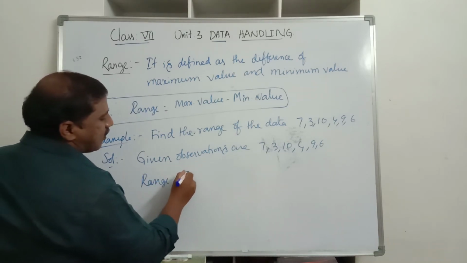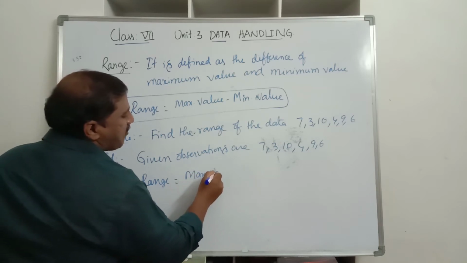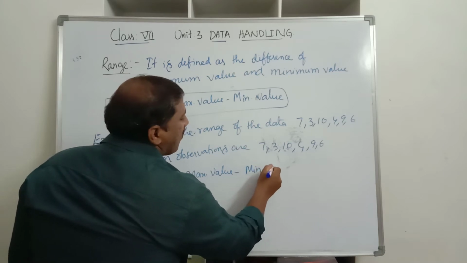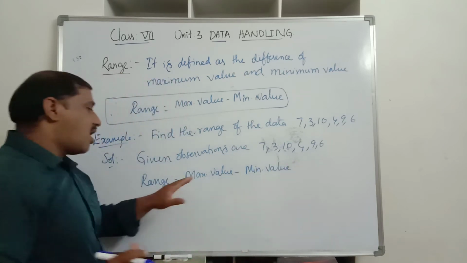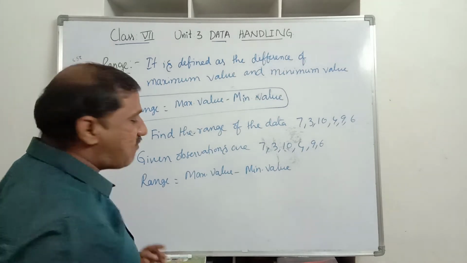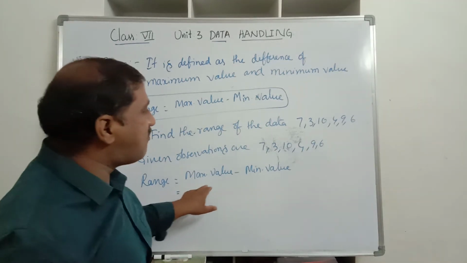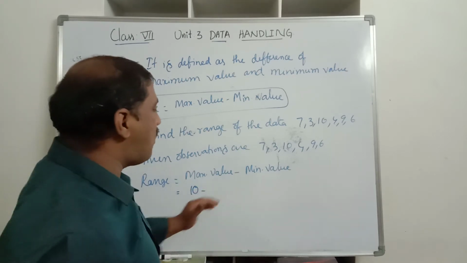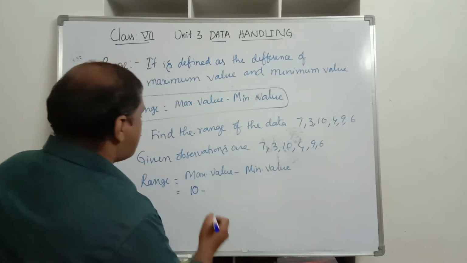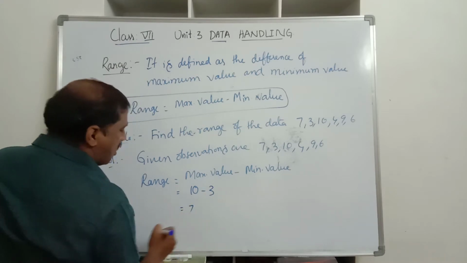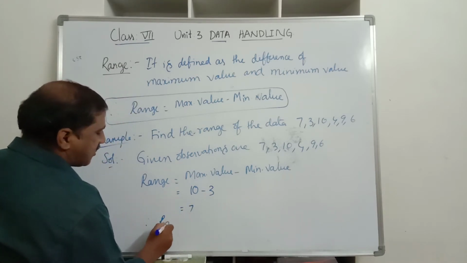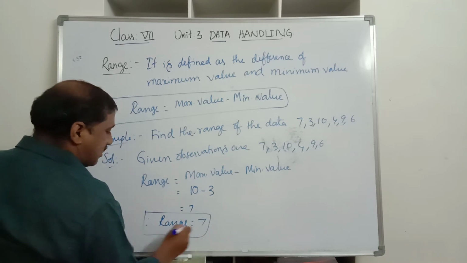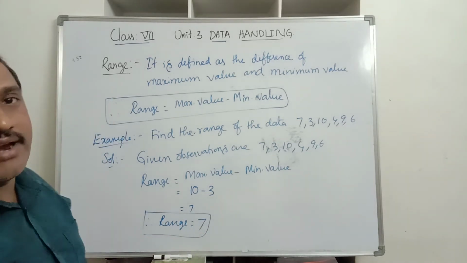Range is equal to maximum value minus minimum value, or highest value minus lowest value. The maximum value, which is the highest number, here is 10, minus the lowest value or the minimum value, which is 3. That is 10 minus 3 is equal to 7. Therefore the range is equal to 7. Like this we will find the range of the given data.